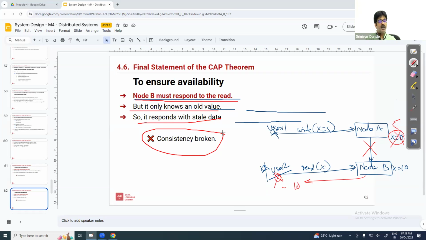Kishore is asking, how does node B know there is a new write? That is the replication technique we already discussed, right? We discussed all the replication mechanisms. When node A is updated, it has to be replicated to all other nodes, either synchronously or asynchronously.